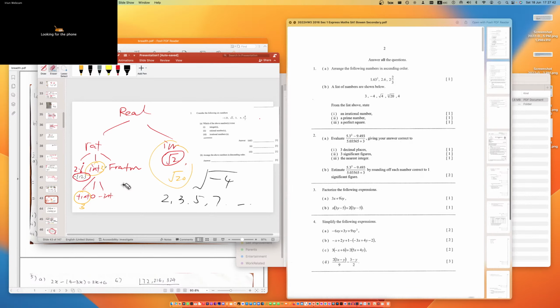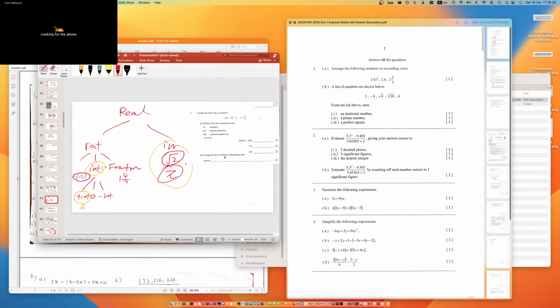Pi here, irrational. 1 and 4 over 7. Then just give integer 3. Rational numbers are minus 1.23, 3, and then 1 and 4 over 7. Then the irrational numbers are square root 2 and pi. Yes, that's it.